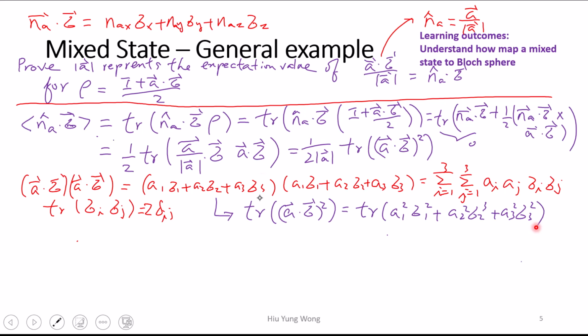I also have A1, A2 times sigma 1, sigma 2, but the trace is 0, so they are gone. And based on this, I know this is 2 delta ij, so this is 2 for every term, because trace of sigma 1 square is 2. Trace of sigma 2 square is 2. Trace of sigma 3 square is 2.